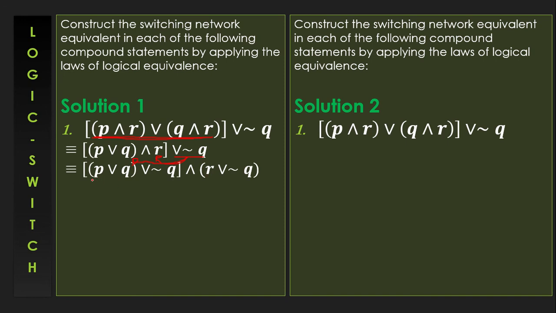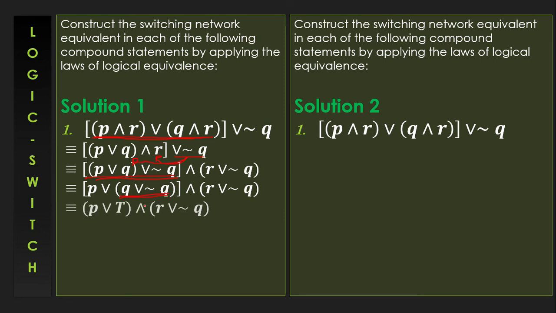And after, as you can observe, we now have the same logical connectives, so we can use the commutative or associative law so that we can regroup it. So the result would be this one. Then we also have a law: a statement disjuncted with its negation, or its inverse, is just equal to true.